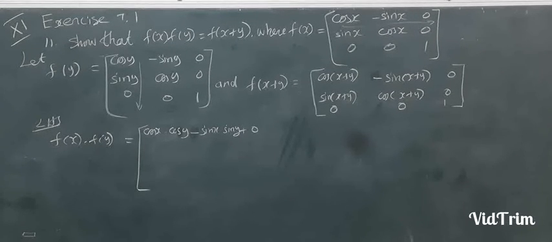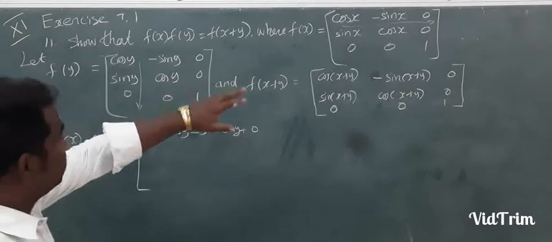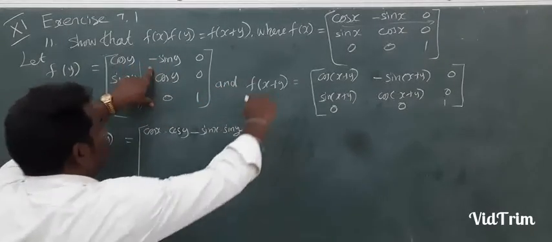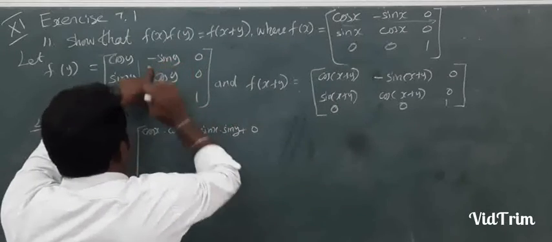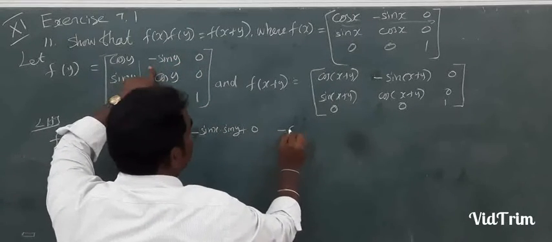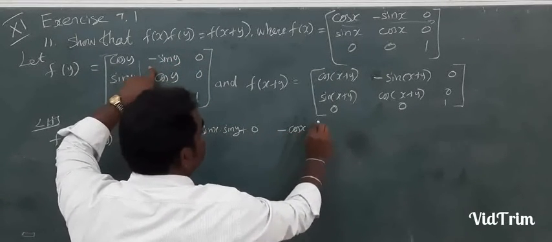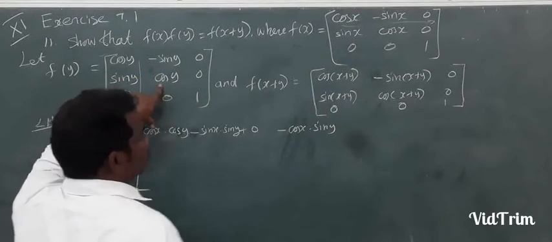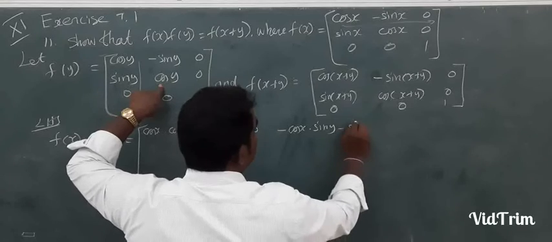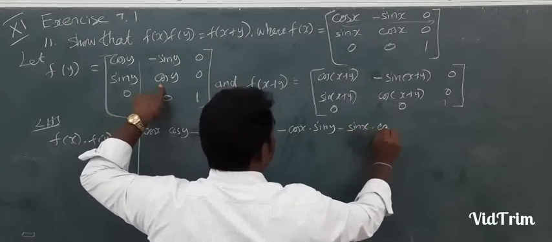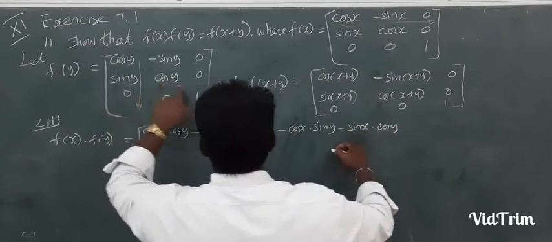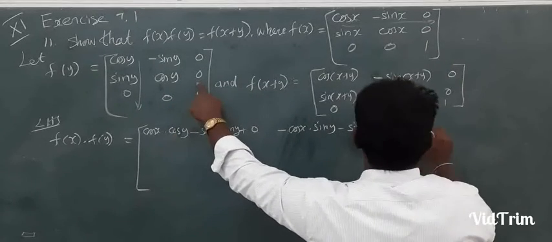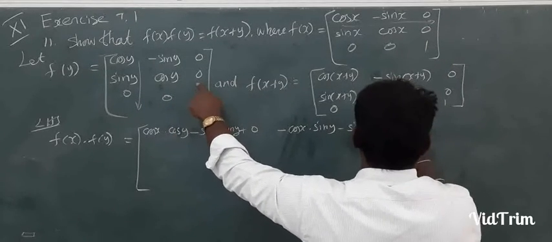Next take the first row, second column. Cos x into minus sin y, so minus of cos x into sin y, and minus sin x into cos y, again minus of sin x into cos y, and last one 0 into 0 plus 0.